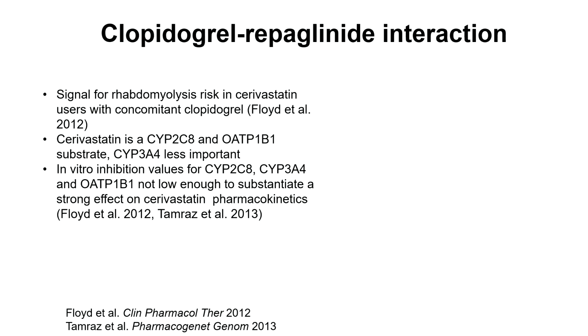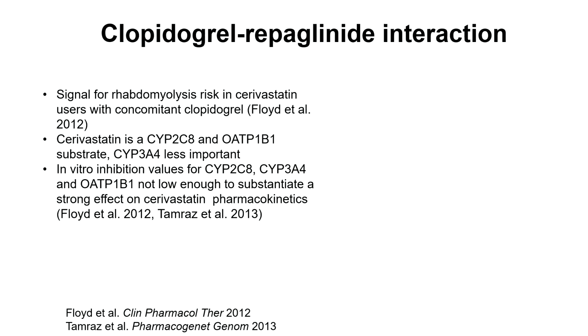And cerivastatin, that was already then withdrawn from the market, is a CYP2C8 and OATP1B1 substrate, CYP3A4 less important for its pharmacokinetics. The group did some in vitro studies, but the in vitro inhibition values were not low enough to substantiate a strong effect on cerivastatin pharmacokinetics.